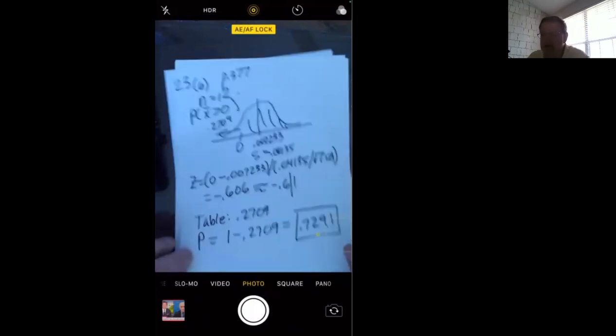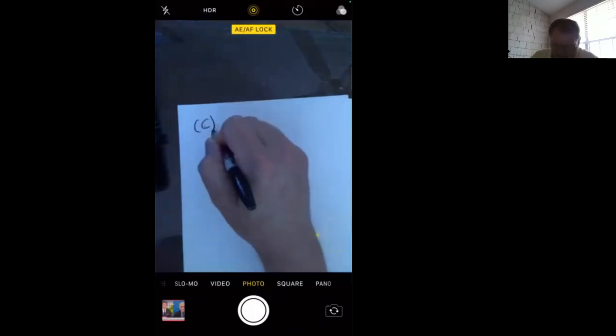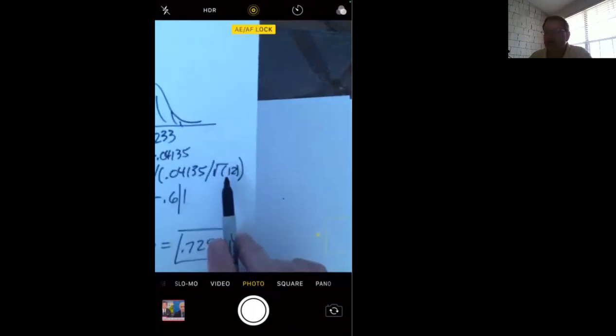And I think in C, they change it to 24, and then I think in the next part, 36, don't they? Next 24 months, and then D, next 36 months. And so use the results to describe the likelihood. Without that, we can shorten it up a little bit. If you look at C, n is 24. All you're going to do is change this 12 to 24. I'll write it out.